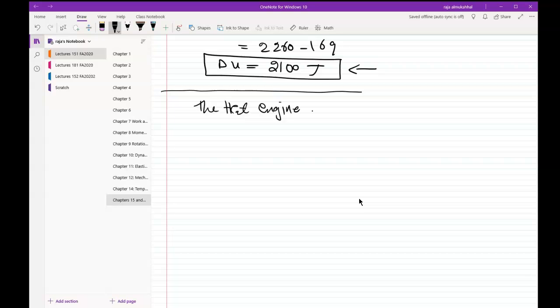The heat engine is basically a device that converts heat into a useful form of energy, such as electrical energy or mechanical energy. The first heat engine that comes to mind when I hear the term is the car engine.